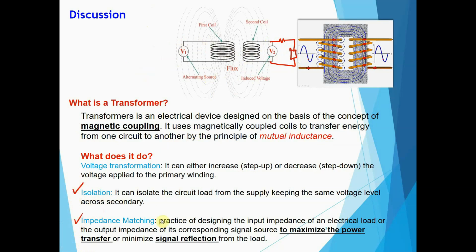And number three, impedance matching. This is actually related to some electronics, right? When you are designing an amplifier, or in a practical application like your mobile charger, the impedance of the output of the charger must match the impedance of your phone, right? That's why it is always recommended to use an original charger.